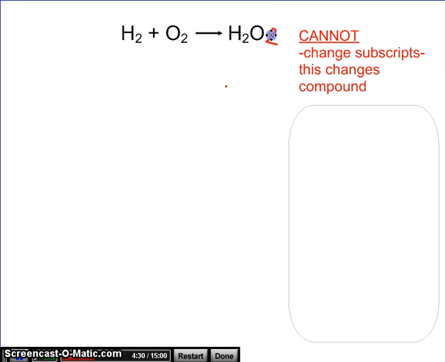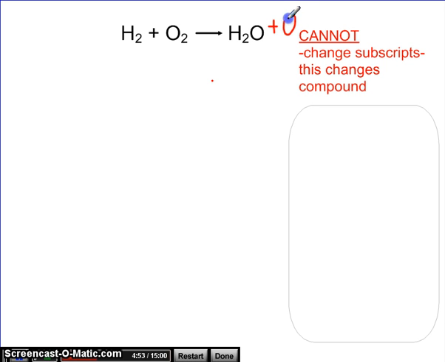This changes what the compound is, so we cannot do this. In fact, H2O2 is hydrogen peroxide, and if you drank enough of it, it would kill you. So, cannot add subscripts. It changes compounds. Never do that.